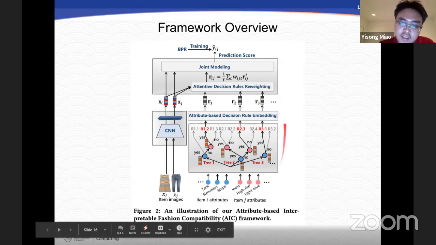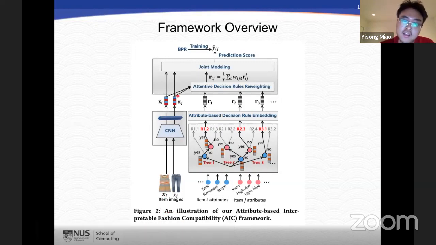In this part, where I'm circling with my pointer, they are almost identical to the TAM model. And on the left-hand side, they feed the image information into the CNN and get the hidden representation, and put them together to calculate the attention score and the final prediction.